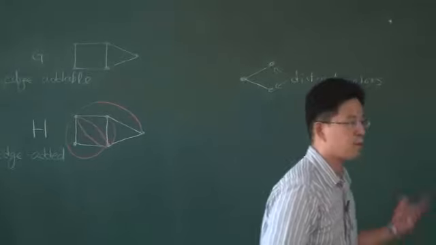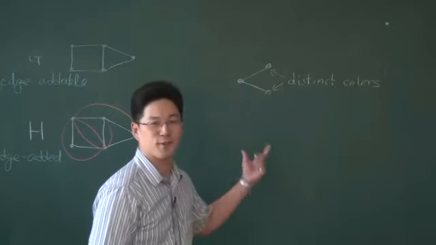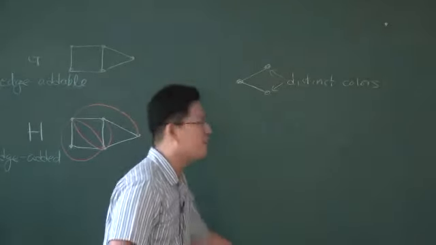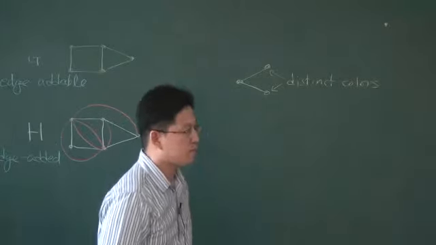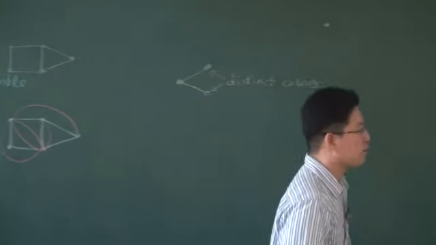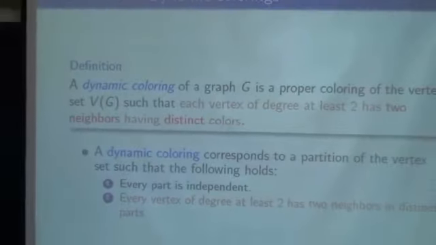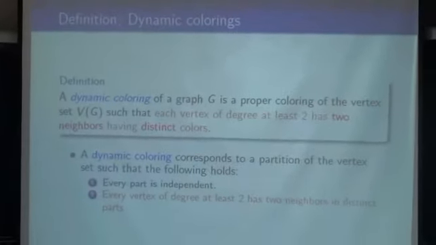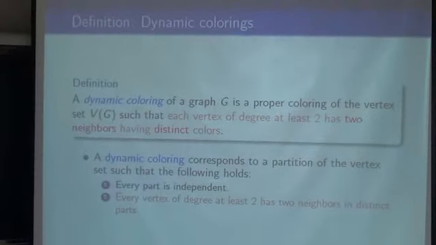First, you may want to know why we want to study this new definition. We can find the reason from the relationship between the vertex coloring and a partition of the vertex set. As you know, a proper coloring corresponds to a vertex set partition such that each part is independent, right?